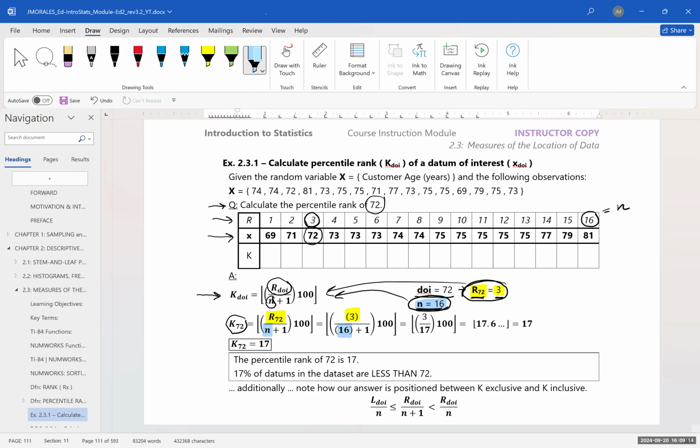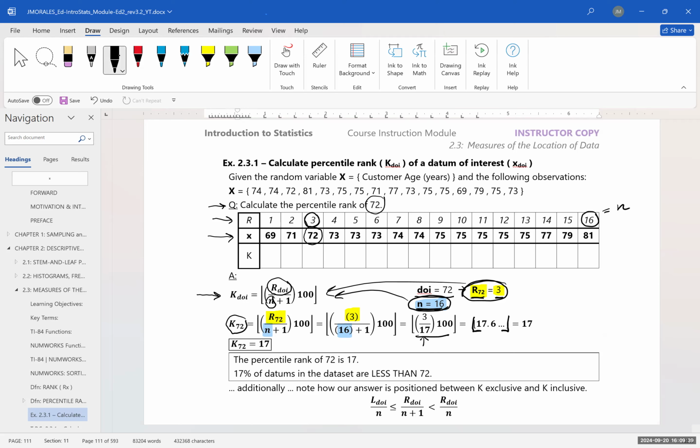So in the numerator, here in this next step, we still have 3. 16 plus 1 is 17. And if we take 3 divided by 17 and multiply that times 100, we get 17.6 and some more decimal places. Now, this is where you want to make sure that you round down.